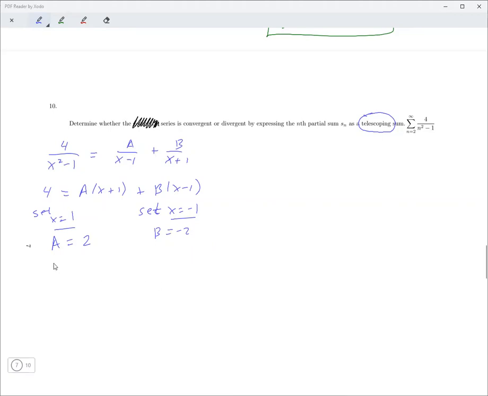And I can change these to n's as well. It's going to work because it worked for x's, it worked for n's. That basically tells you that what's inside here is this.